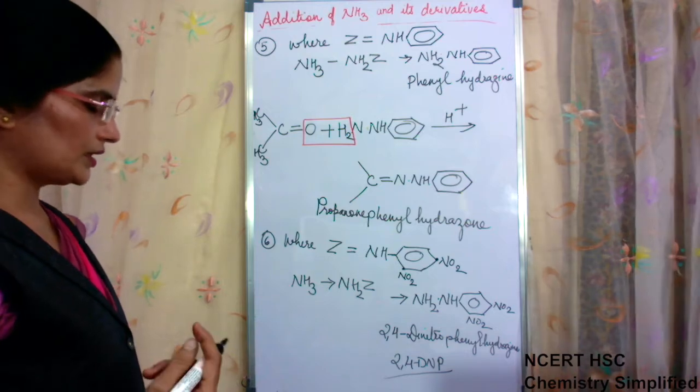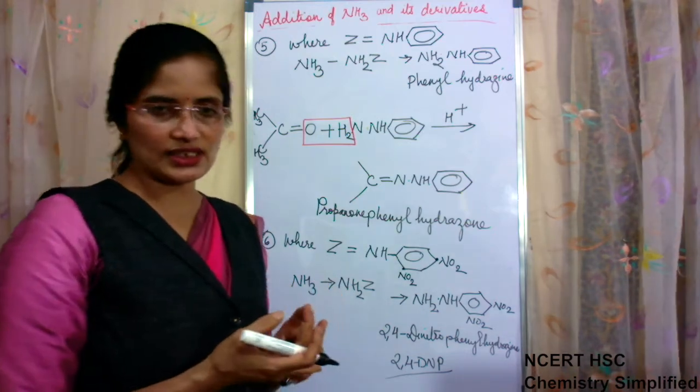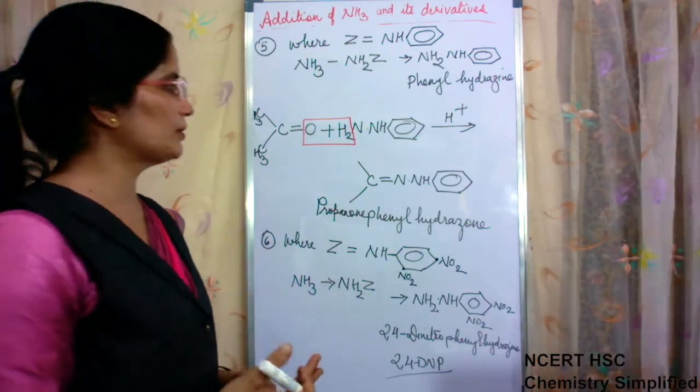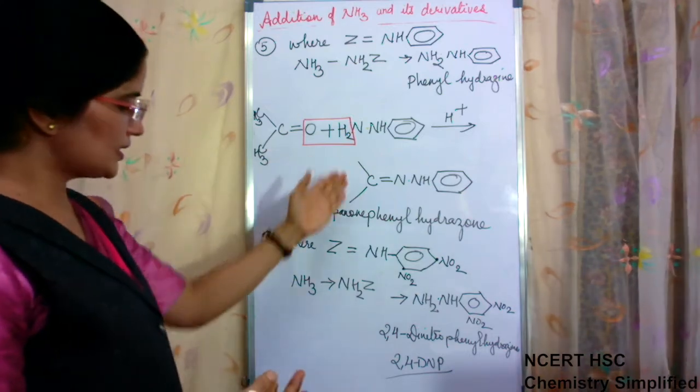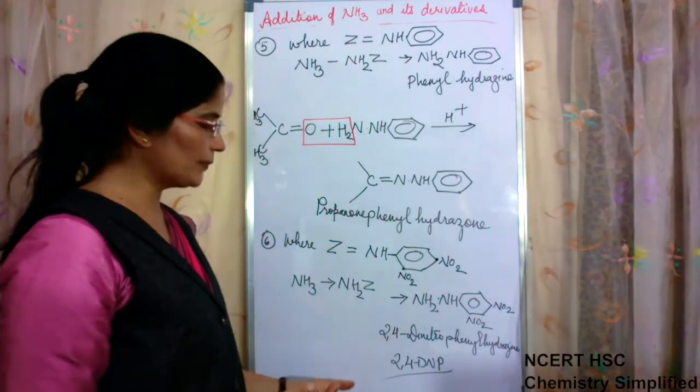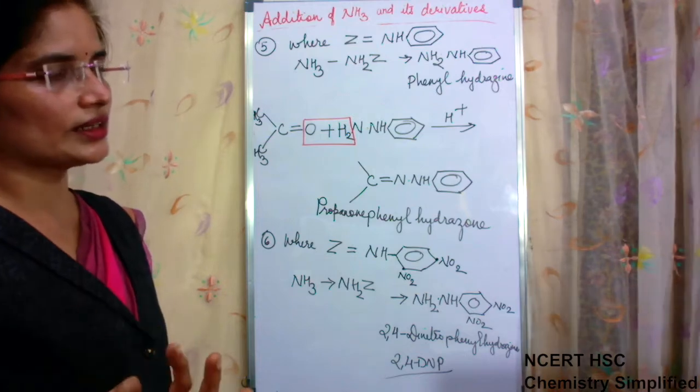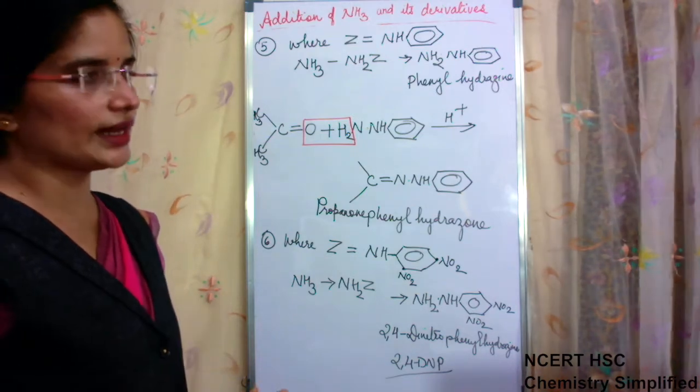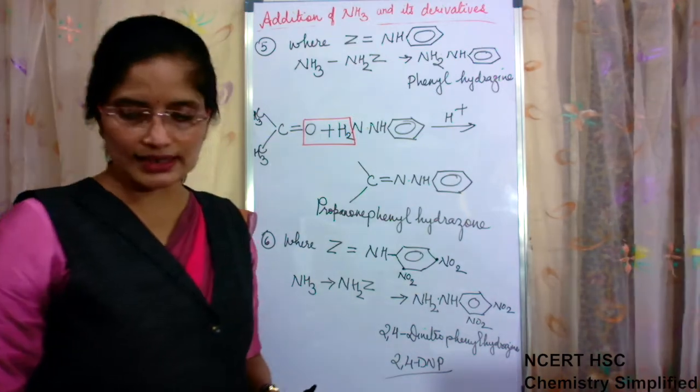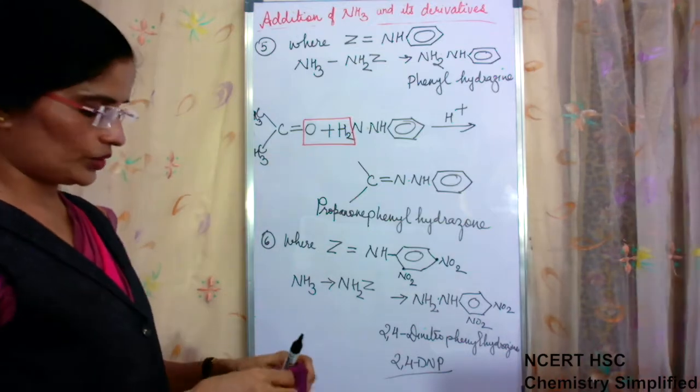Again, I tell you that if there is a color change or smell, then only any reaction can be a test. So in this reaction, when the product is formed, an orange colored compound is formed, and because of that it is used as a test for carbonyl group.